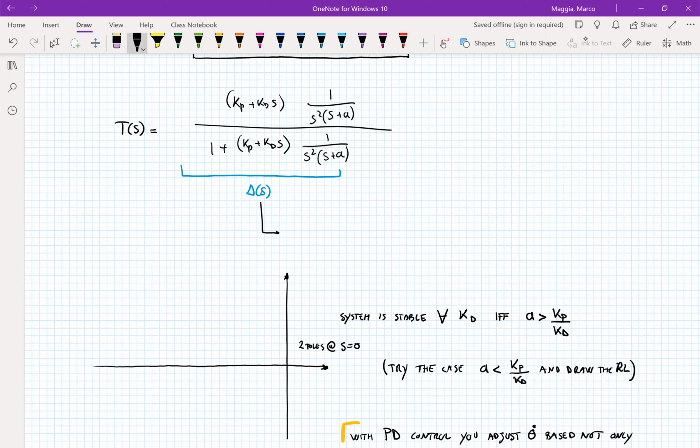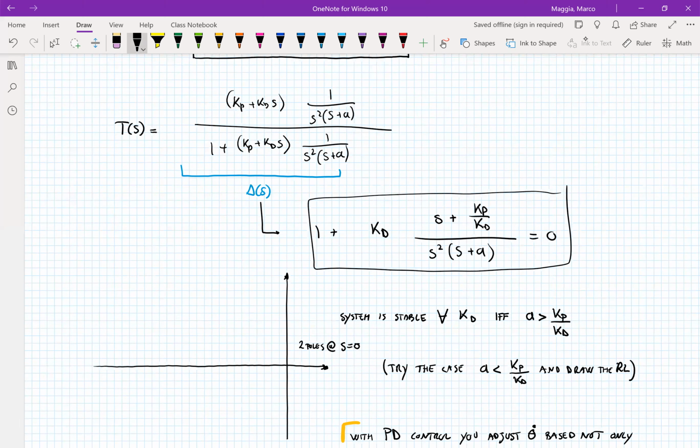And so we can rewrite the characteristic equation as 1 plus Kd times (S plus Kp over Kd) over S squared times (S plus A) equals 0. So it's in the canonical form for the root locus.